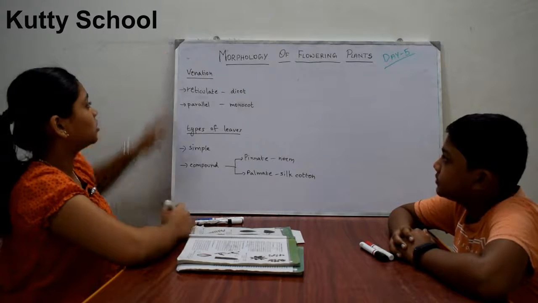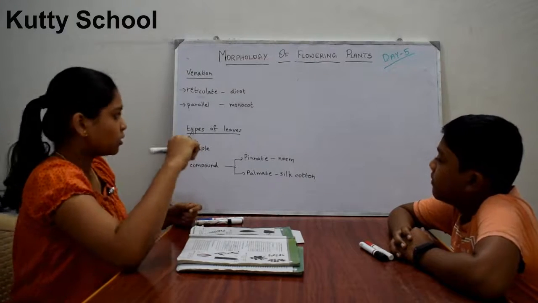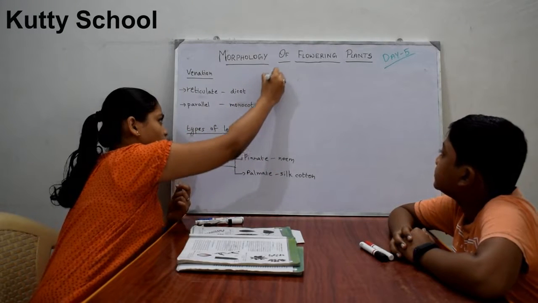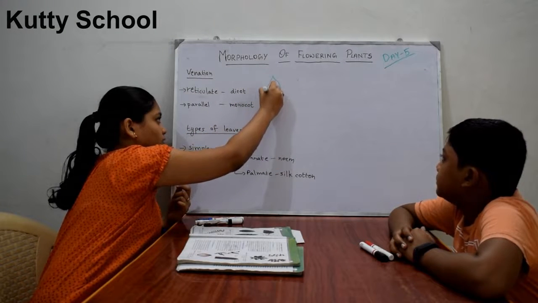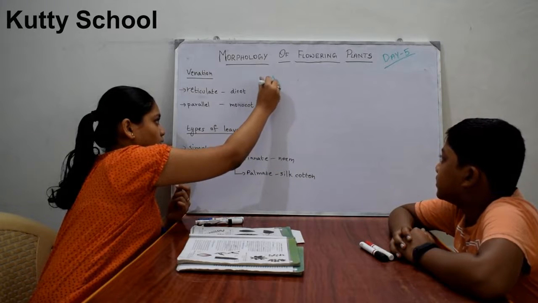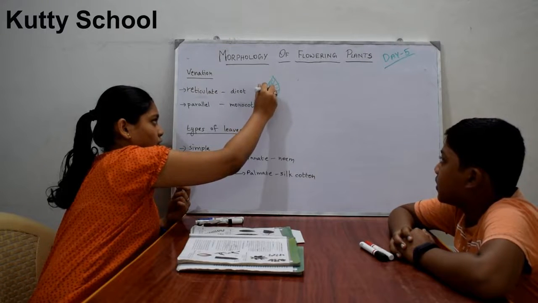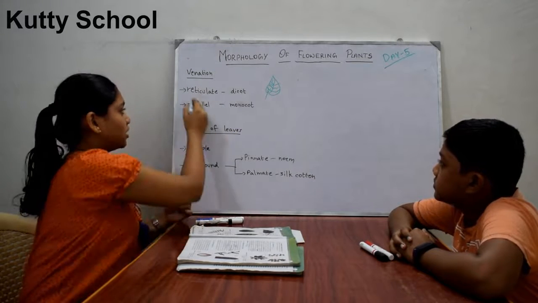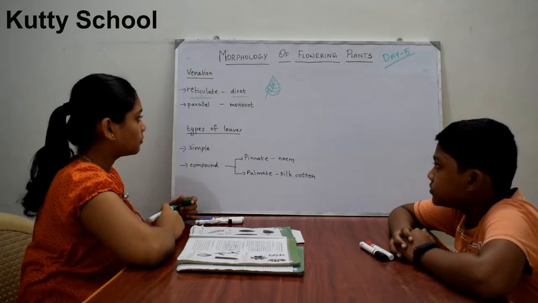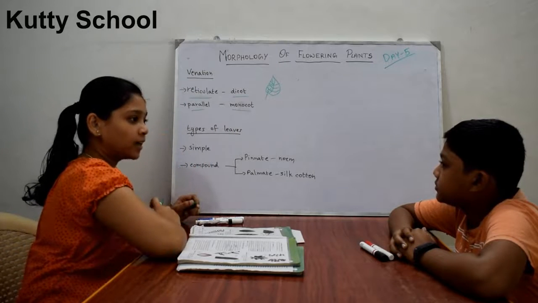Venation is the arrangement of veins in the leaf lamina. In reticulate venation the veins are arranged like this, and from here it will be like this. So this is reticulate venation. It is generally found in all dicot plants, the two cotyledon plants, and monocot plants are composed of parallel venation.